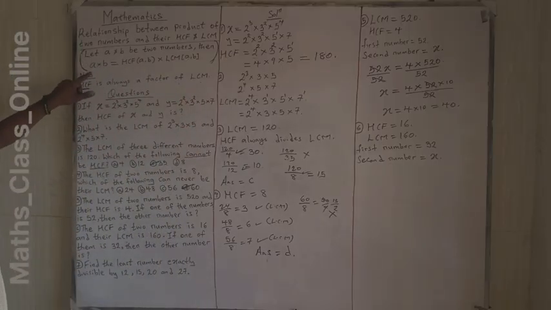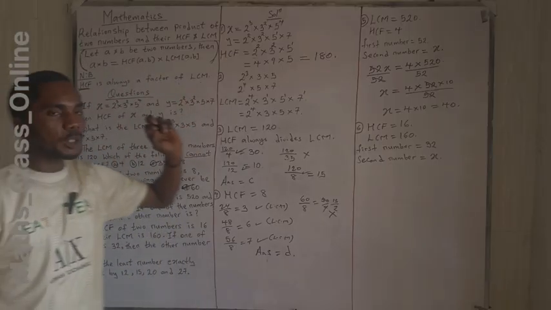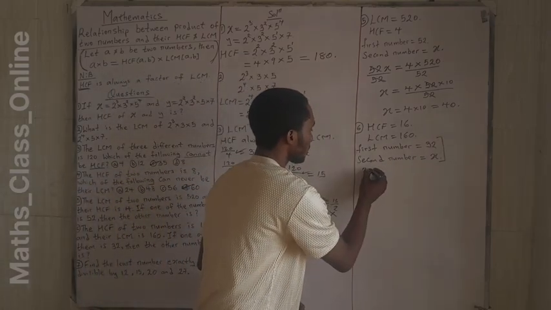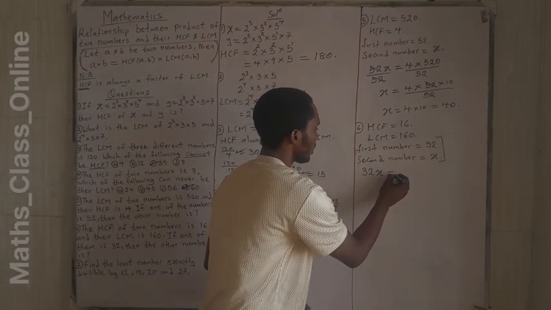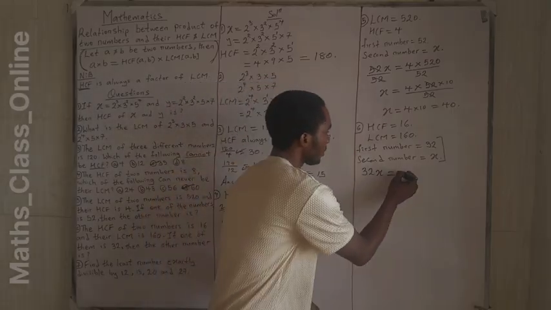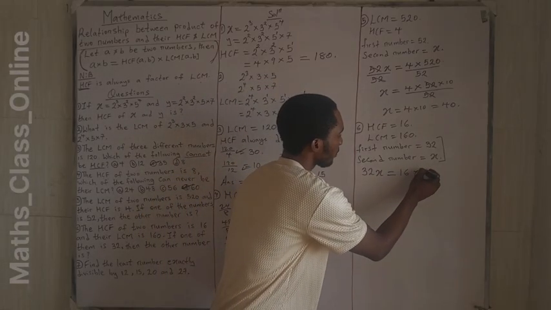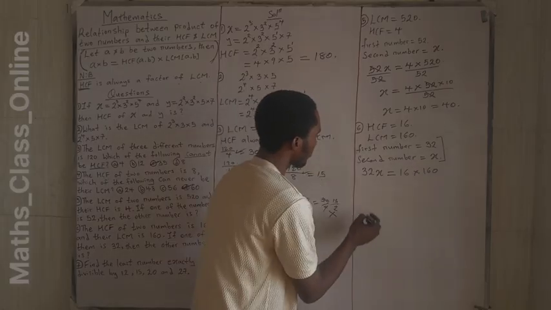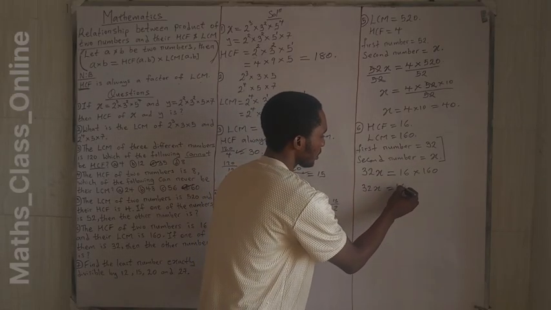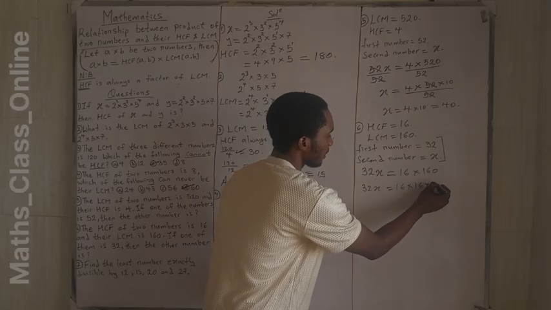What are we going to use? This formula: A multiplied by B, the product of the two numbers. So 32 multiplied by x, that is 32x, is equal to HCF multiplied by LCM, that is 16 multiplied by 160. 32x is equal to 16 multiplied by 16 multiplied by 10.